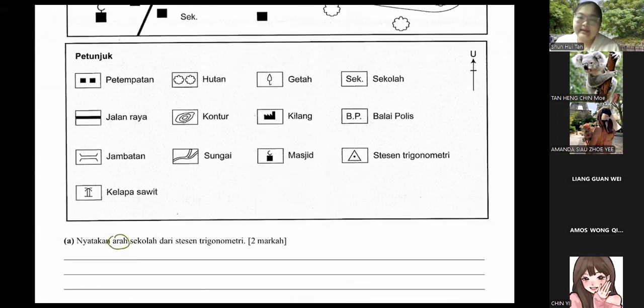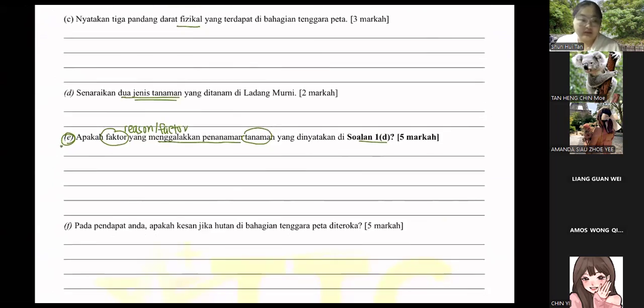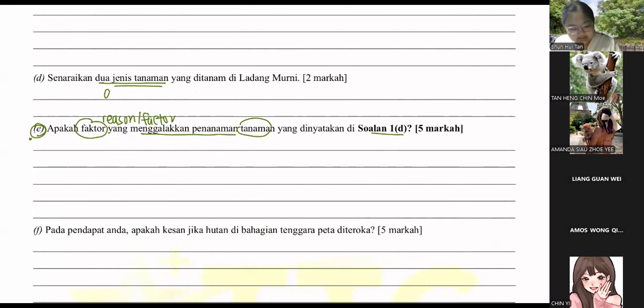Yes. And then here they ask you. You write down the answer first. Getah dan kelapa sawit. And the question asks you, why? What's the reason that we can grow getah, we can plant kelapa sawit? Normally, what your plant needs?